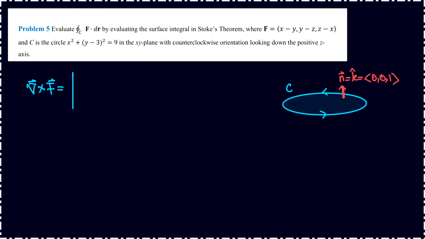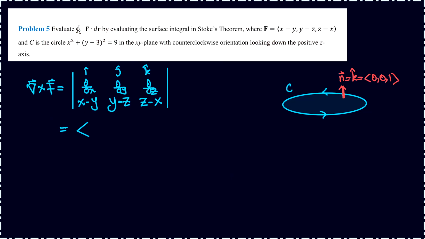Okay, so I am going to write down the vector field in the last row. All right, so let's calculate the curl.